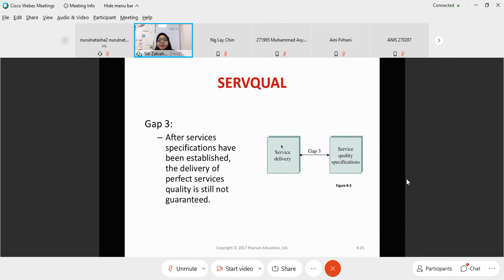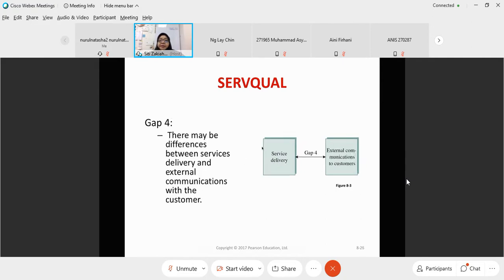Gap 3 is between service delivery, how you serve the customer, and the specification. Is it the same? Maybe they have specified that when a customer goes into the restaurant, they must receive their food within 5 minutes. But is it the same as the delivery? Is it the same as reality?